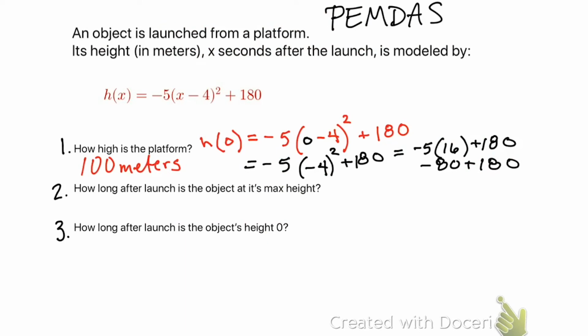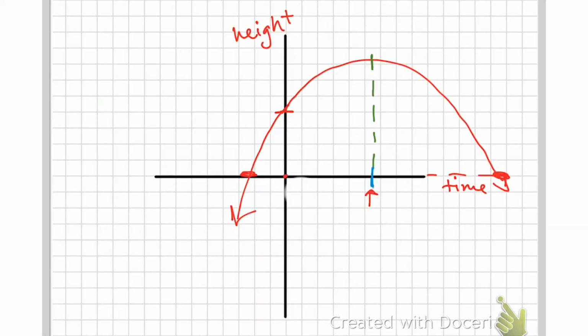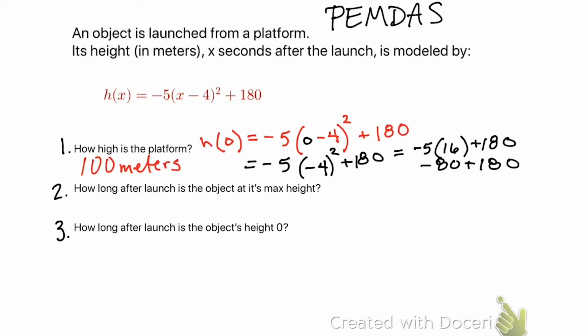Let's do this one in blue. How long? I need to find the two zeros. I need to find this 0 and this 0. Remember, the zeros are when y is equal to 0, not x. So that means h of x is going to be equal to 0. So 0 is equal to -5 times x minus 4 squared plus 180, and I'm going to solve for x.